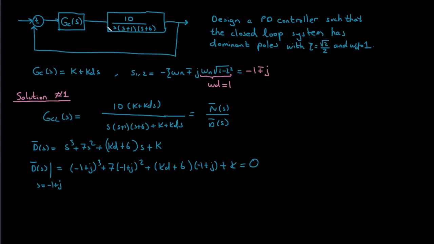By the way, I just noticed that there's this 10 term over here, so I'll have those 10k and 10kd s over here. Therefore, there will be 10kd over here as well, and this is also 10k.